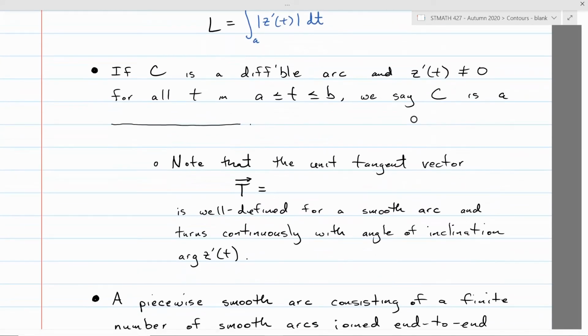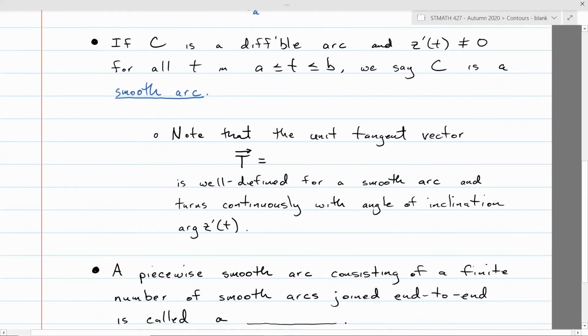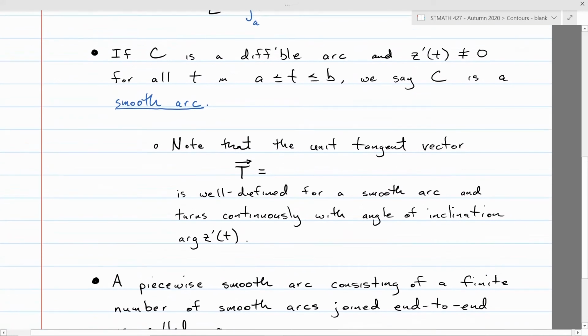If you've got a differentiable arc and the derivative is not equal to 0 for any of the points in your interval, then we call those kinds of curves smooth arcs. One thing that's nice about a smooth arc is the unit tangent vector.